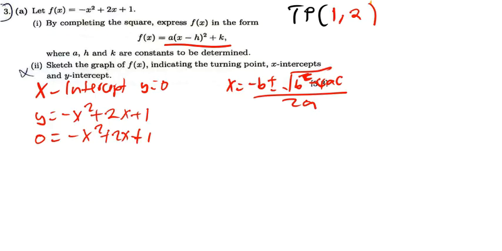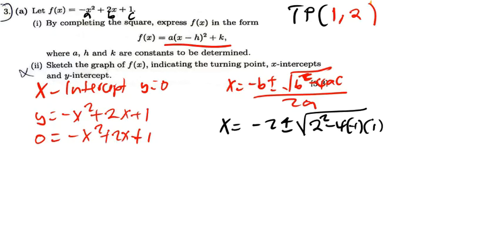X will be equal to, so now this is a, this is b, and that's c. So b is basically negative 2, or is 2, but it's going to be negative, plus or minus, then again 2, I square it, minus 4, a is negative 1, c is 1. Divide this by 2, that.